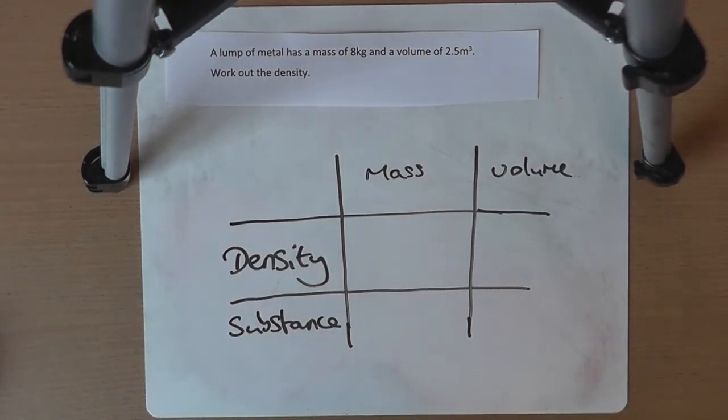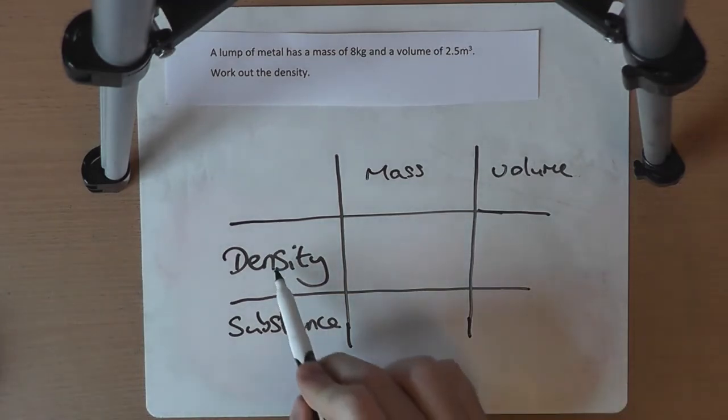Now, there was one more thing we filled in when we talked about the speed questions, because with the speed questions we said that speed was the distance covered when the time unit was 1. The distance covered in 1 hour, or 1 minute, or 1 second. Here, the density is the mass of a substance when the volume is 1 centimetre cubed, or 1 metre cubed.